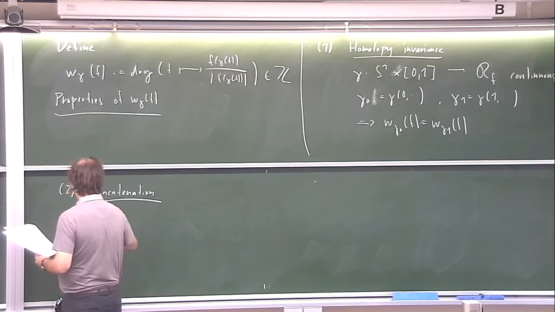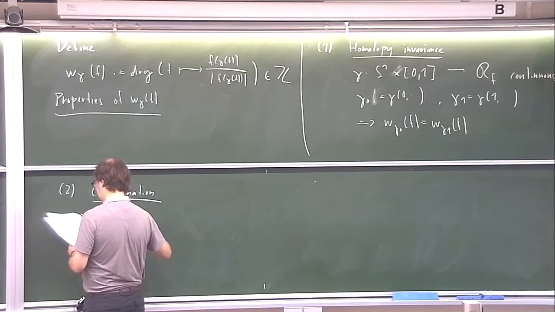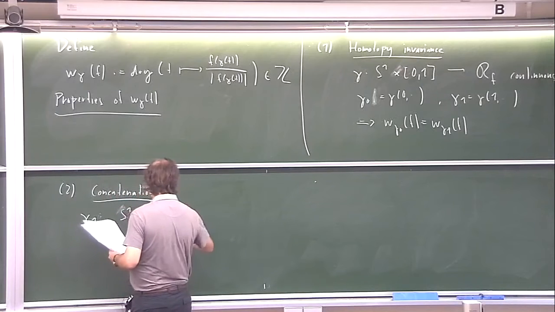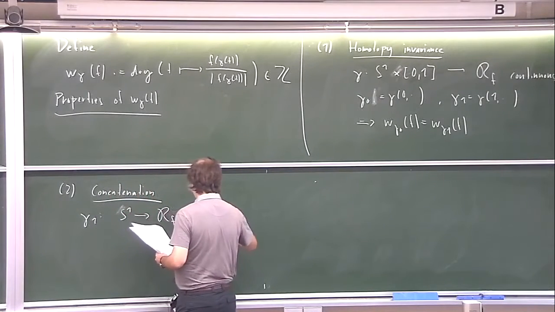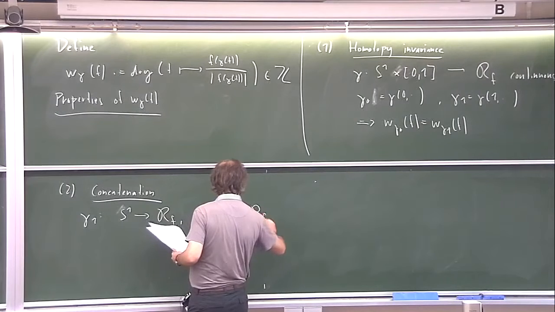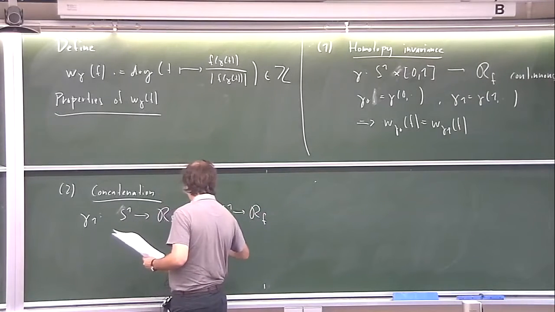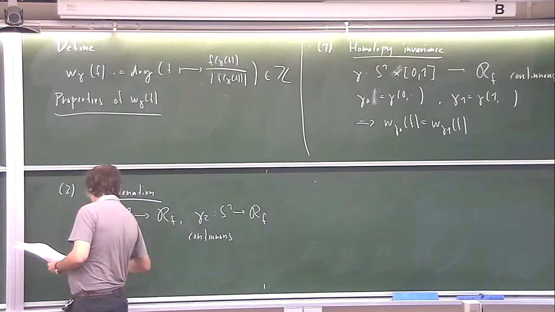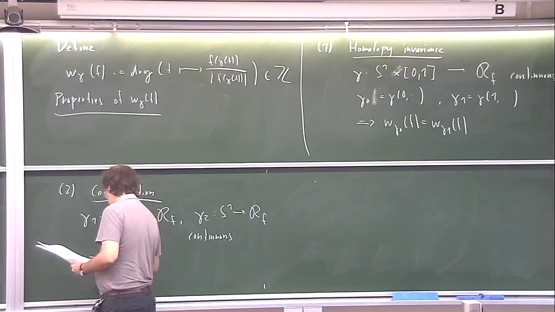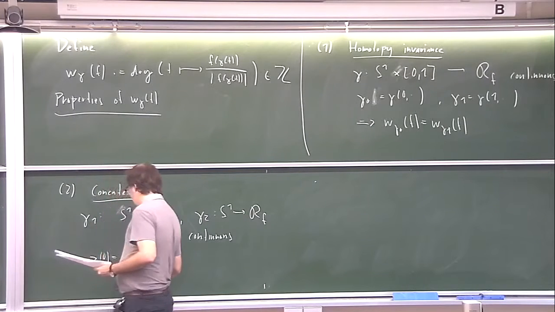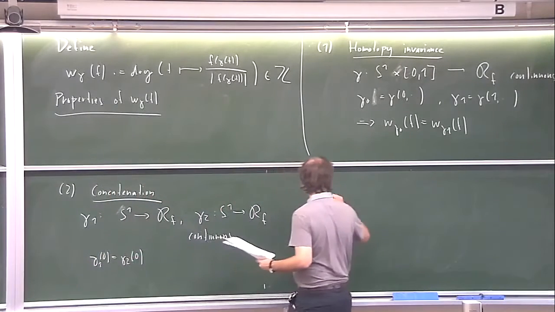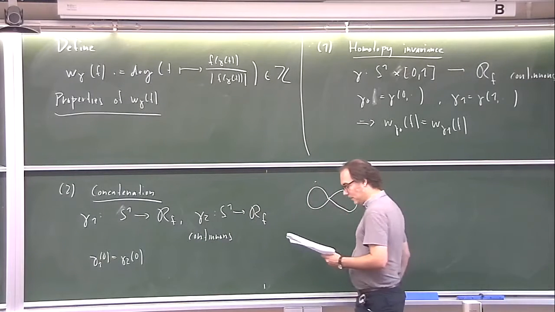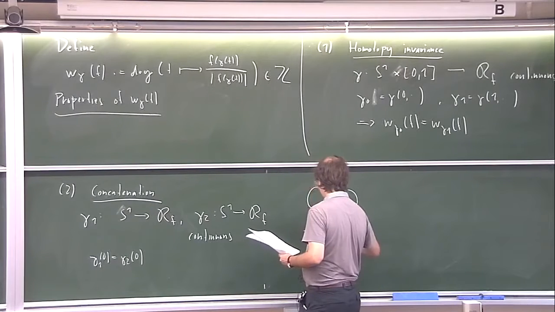So if gamma 1 is a loop in the regular set and gamma 2 is another loop in the regular set, so continuous, and suppose that they have the same starting point, so that we can concatenate them.